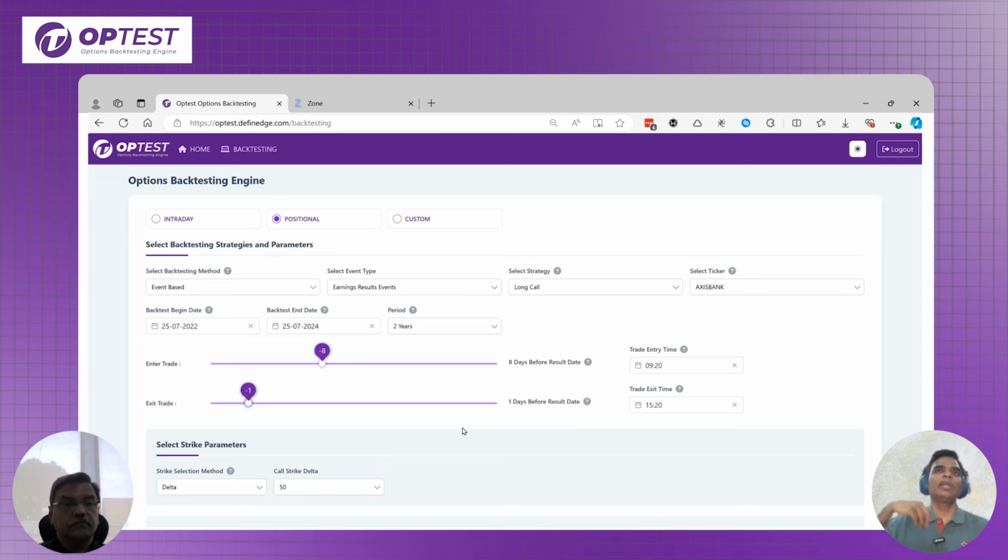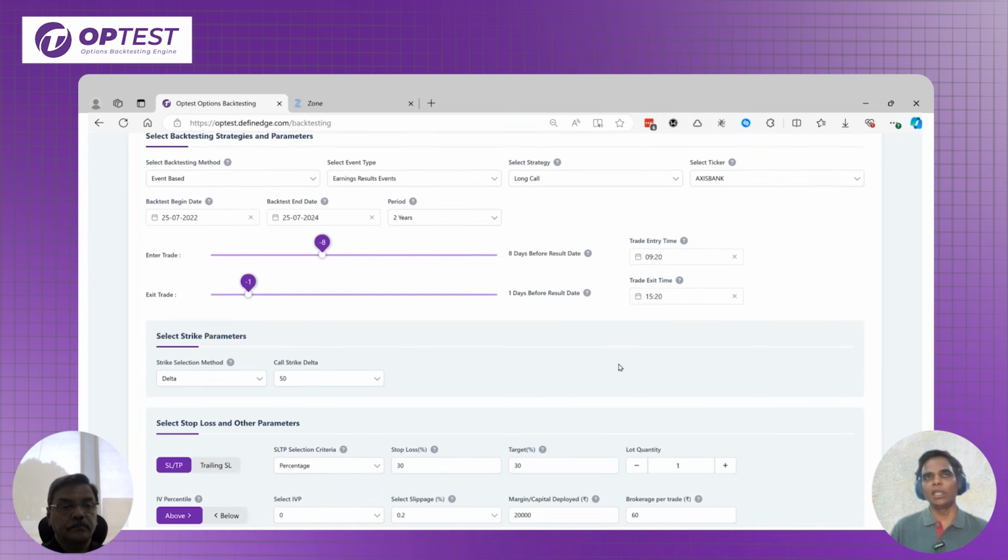Because if you are entering after the result date, we might have a problem, because the result date will have a huge impact on the IVs. So we have to exit before that, just to extract the premium and then exit. So these are the criteria, and we select the at-the-money call option.